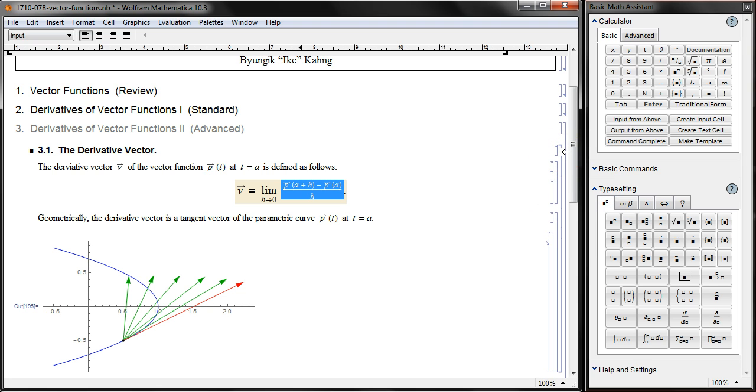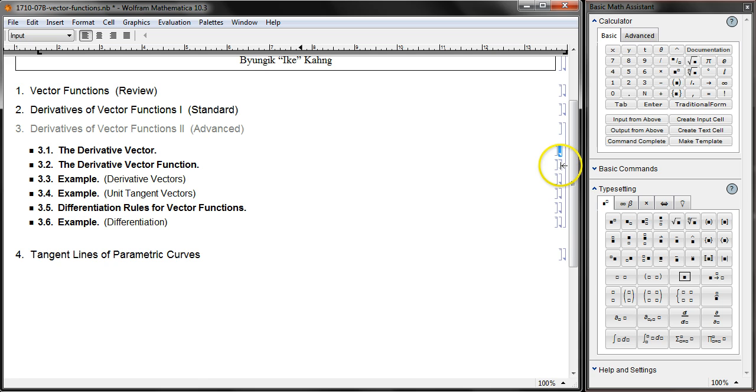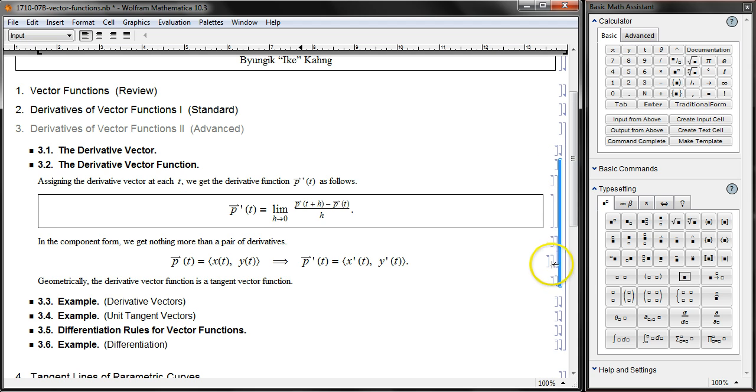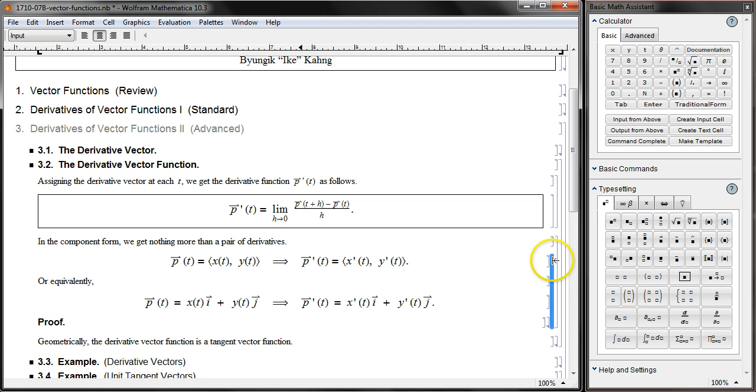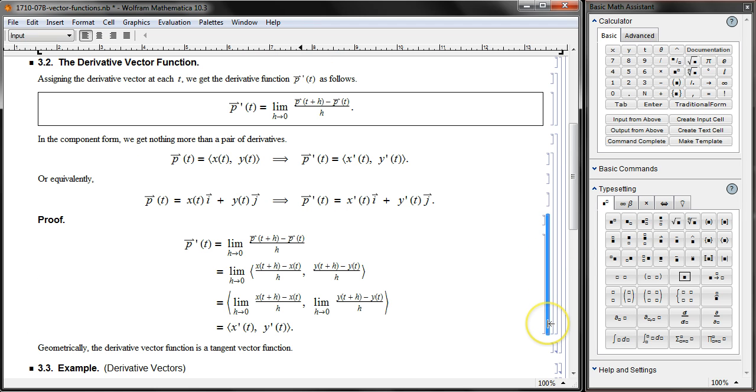What is the proof? Well, here is the proof as a matter of fact, and the proof is actually pretty simple. You see, here is a Newton quotient, and all you have to do is push this algebraic computation into each component.